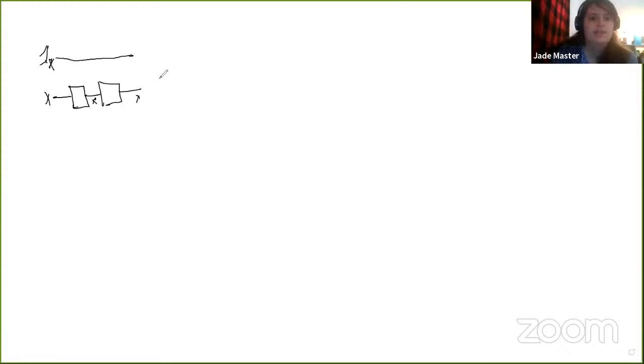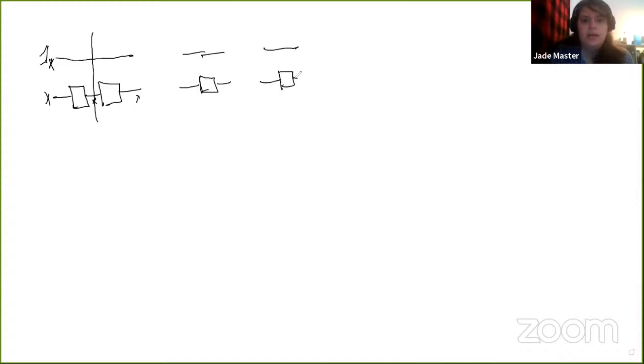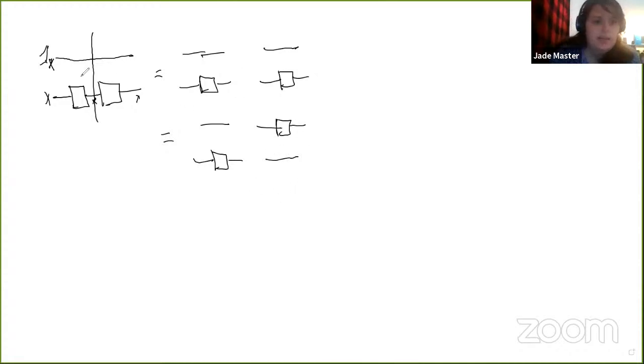First you can split this up in half. Then, because it's commutative, you can turn the second one like this. Then you can glue it together again.